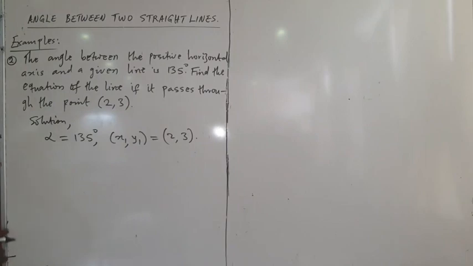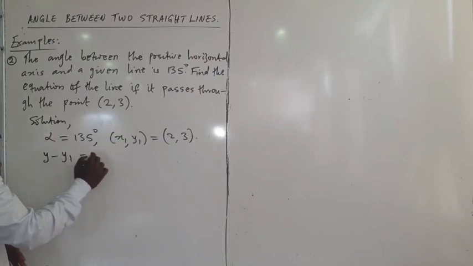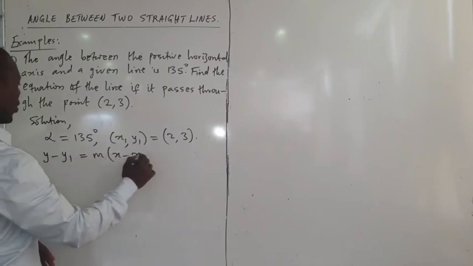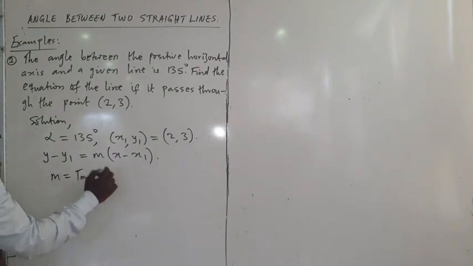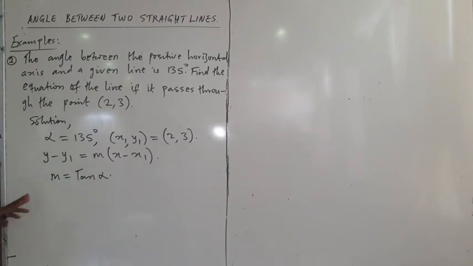The equation of the straight line we are looking for is in the form y minus y1 equals m into x minus x1. We know our x1 and y1, but we don't know the gradient. To get the gradient, we make use of m equals tan alpha.